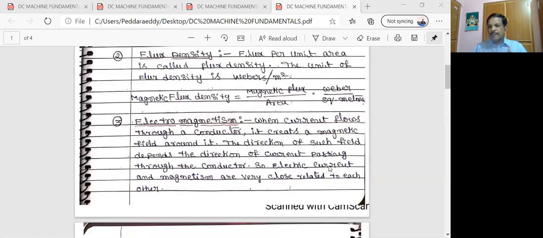If the direction of current is away from the observer, the direction of flux is clockwise. Electric current and magnetism are very closely related to each other.